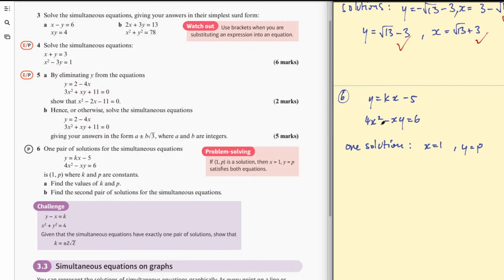So get rid of the x's and the y's, and then we can solve for p. So the first equation, actually the first part says find the values of k and p. Oh, yeah, okay.